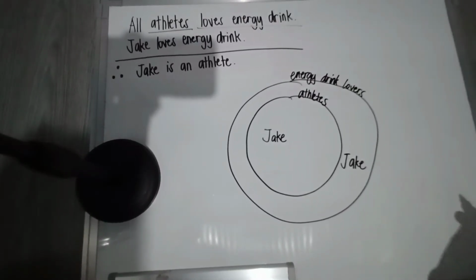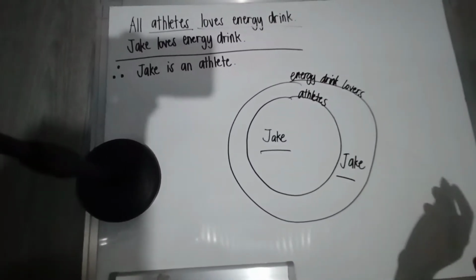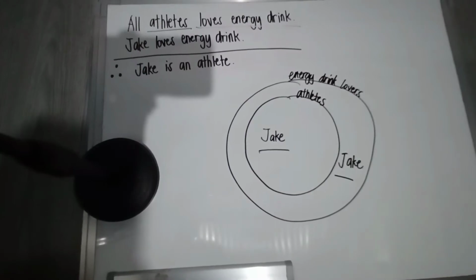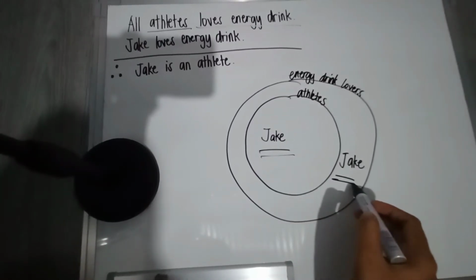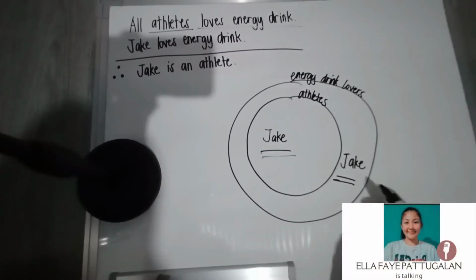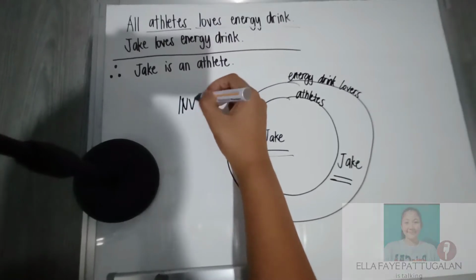Jake can be put in both places because it is not guaranteed that Jake is an athlete. Since Jake can live in both places, we can say that this argument is an invalid argument.